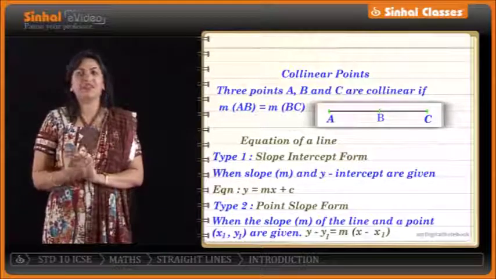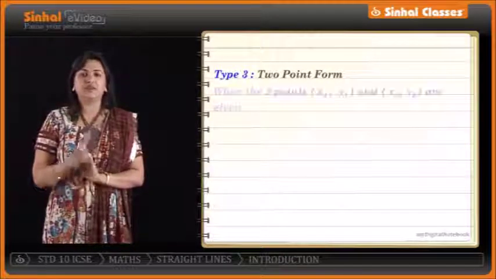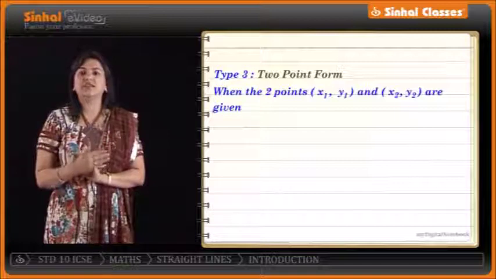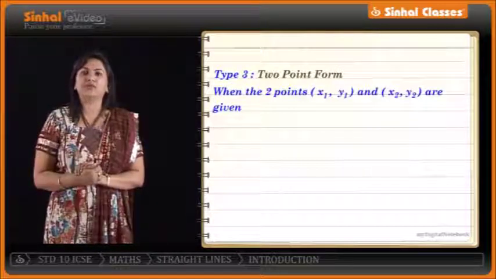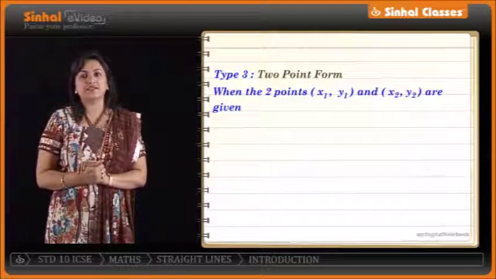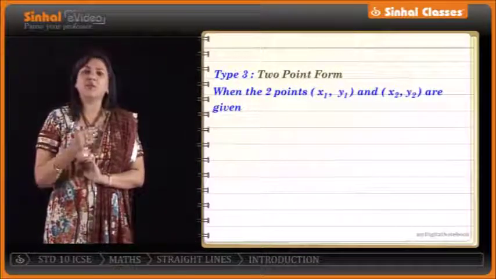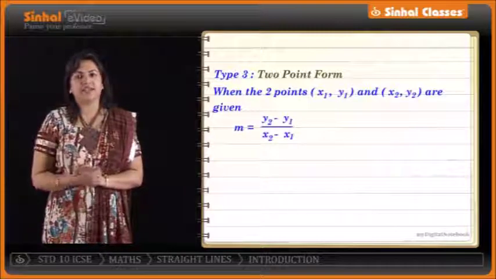Now the type 3 is 2-point form. Here we should be given 2 points, say with coordinates x1, y1 and x2, y2. Then to get the equation of the line, we first need to find the slope as y2 minus y1 upon x2 minus x1.